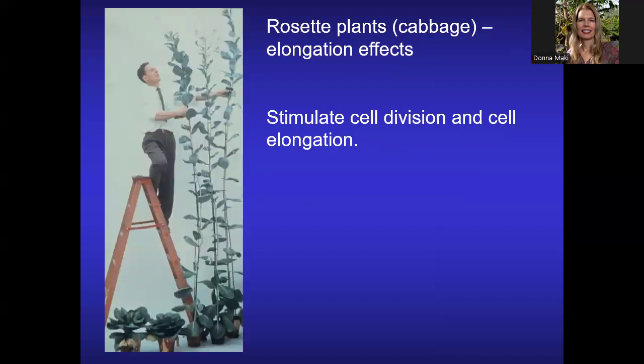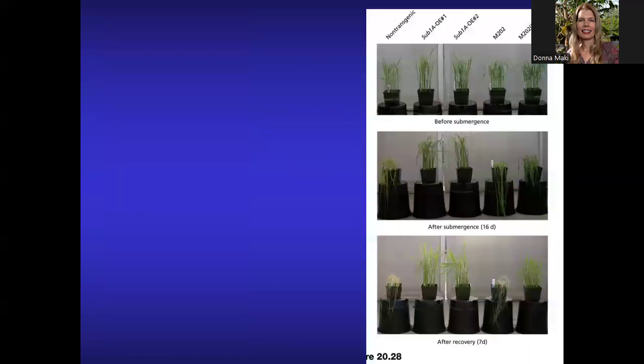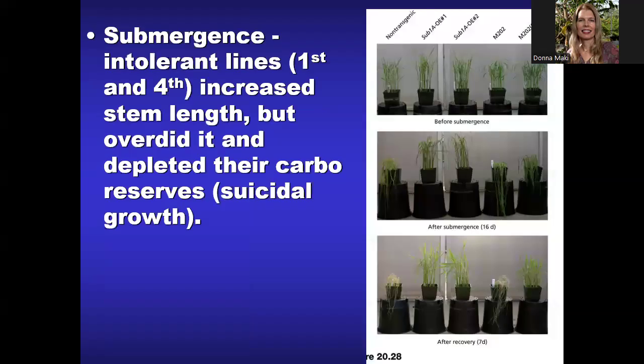So this is the idea, we showed this before with gibberellic acid, being able to greatly stimulate the stem's growth. And so they did some experiments here. This was, I think, rice plants that they were using, right? Yeah, rice plants. And they were doing different genetically modified rice. And so the top picture is before they started the experiment.